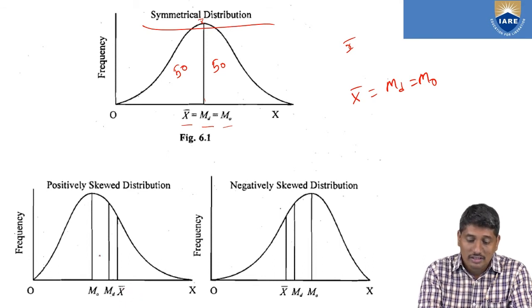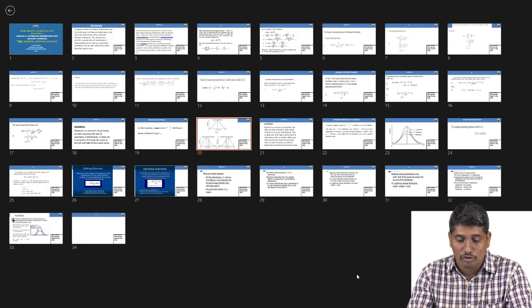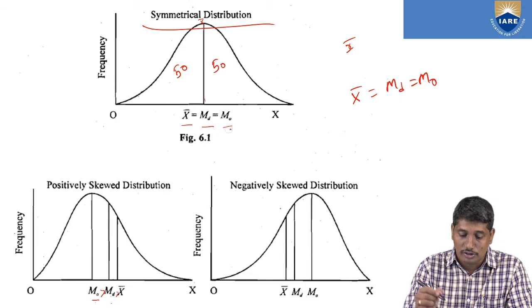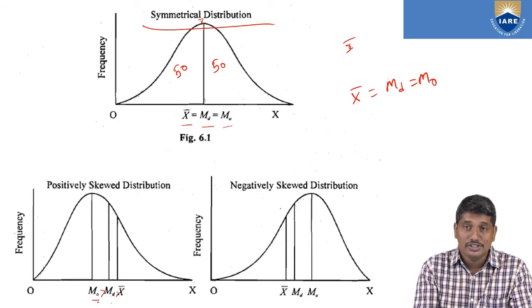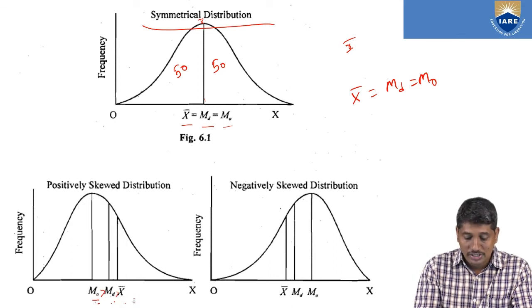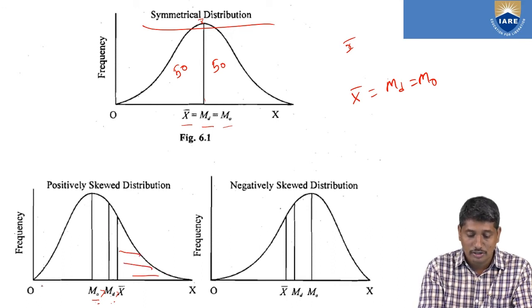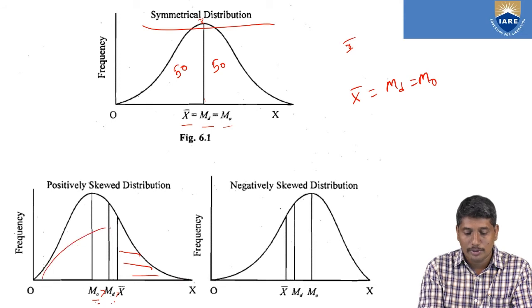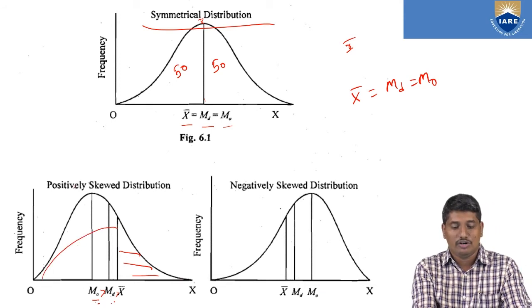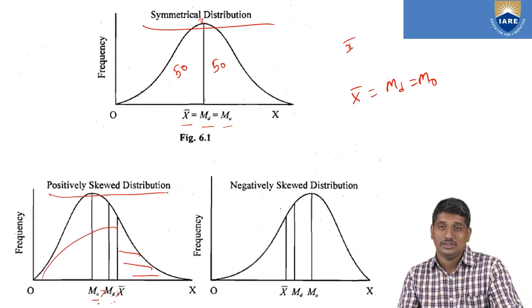Hence you can observe that mode will be greater than median, which is greater than x bar from the view of the origin. First you will see the mode, then median, then mean, and you will see that the right side of the mean has very little data, and towards the left side more data is occupied. That is called positively skewed distribution.